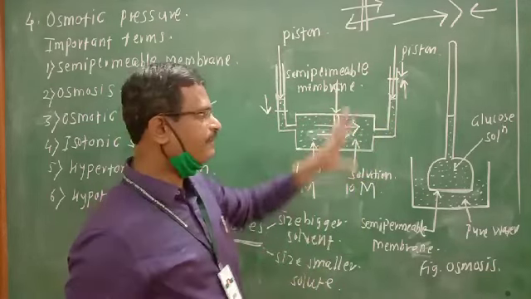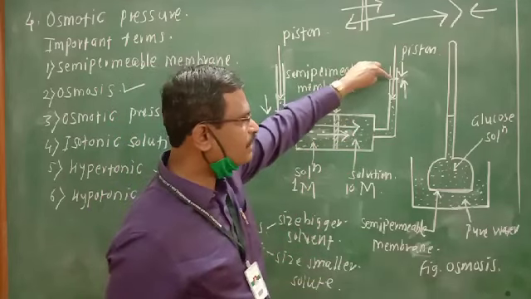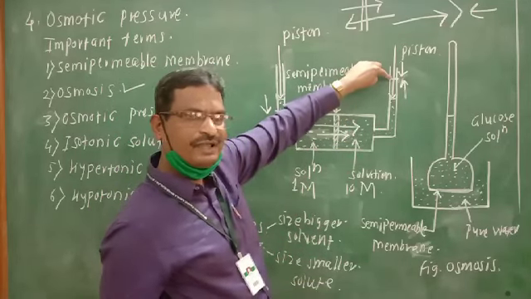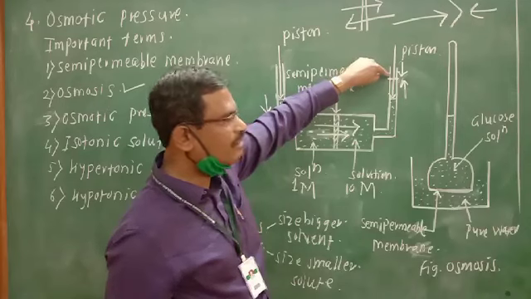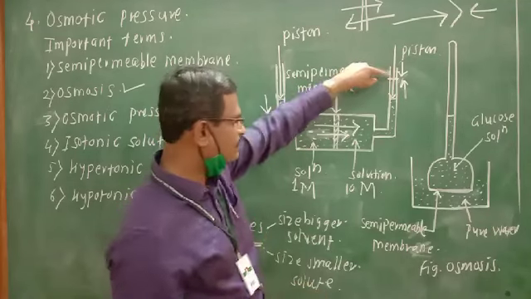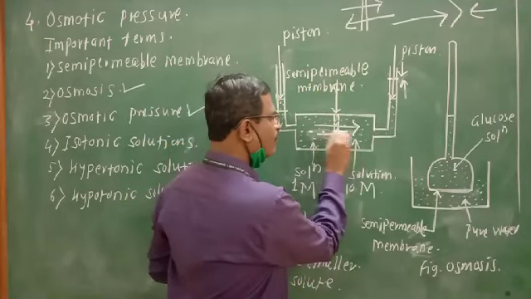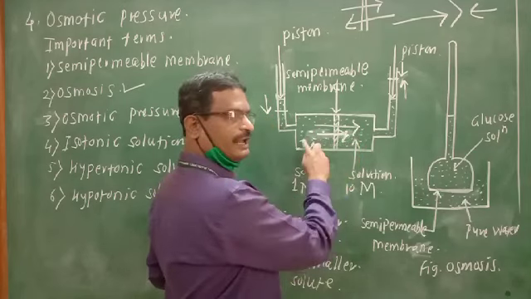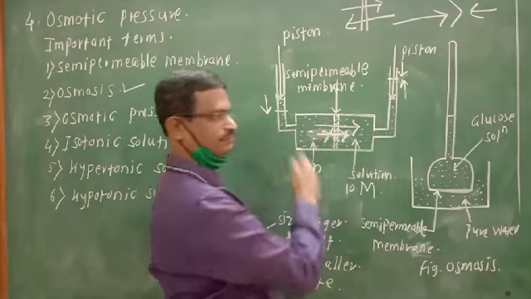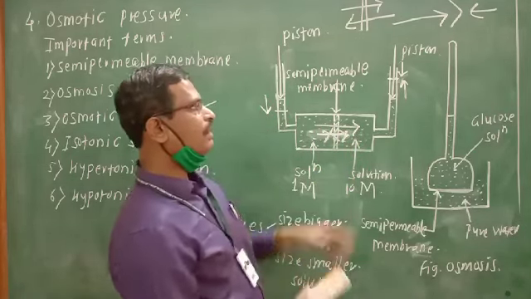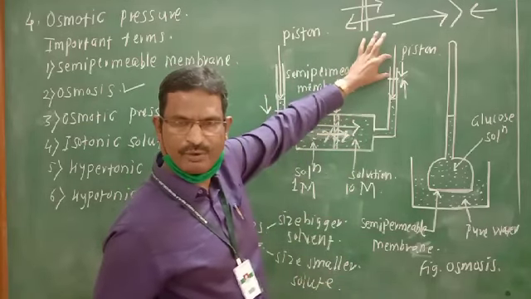What happens at this level? At this level, certain external pressure is developed on this side such that this flow from left to right is stopped because of the pressure developed over here.